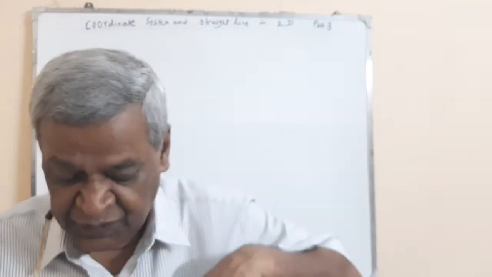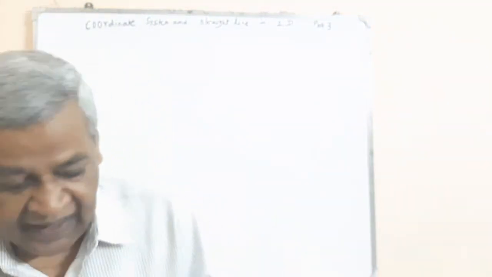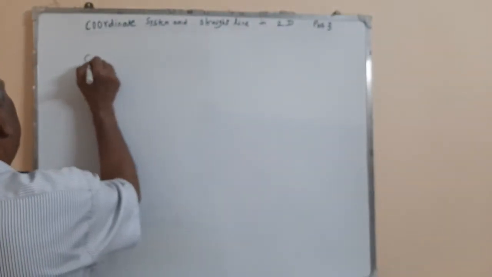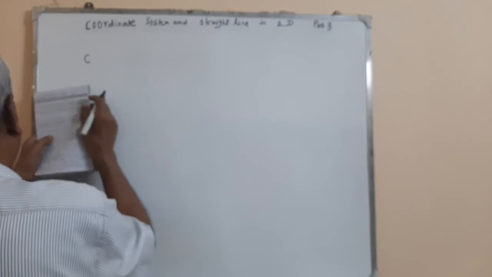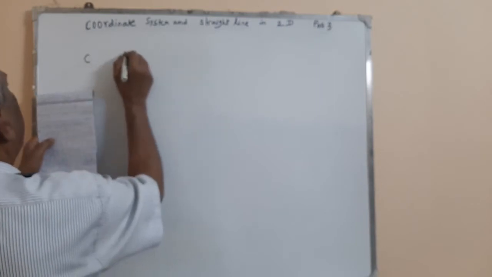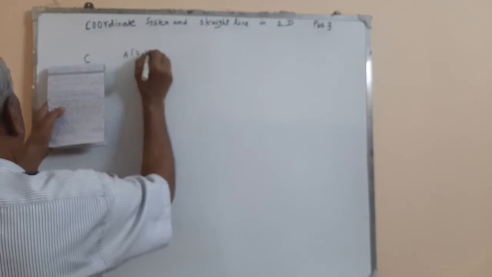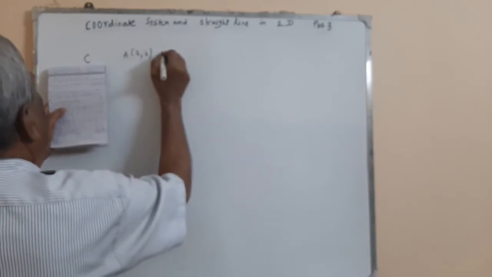Let us take the first problem. C, capital C, is reflection of point A (2, 4) on x-axis.